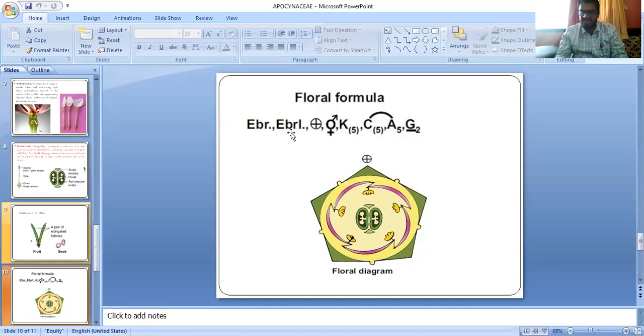Whenever flower is ebracteate, flower should be ebracteolate. If suppose flower is bracteate, then flower being bracteolate is not necessary. It can be bracteolate or ebracteolate.